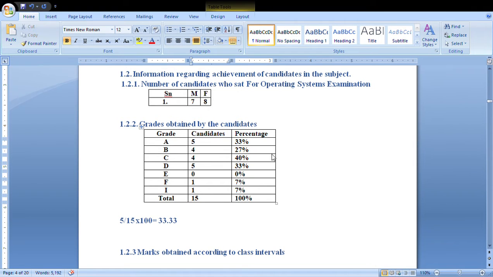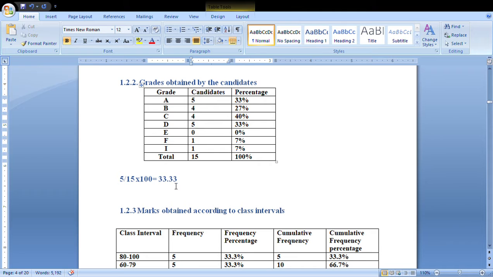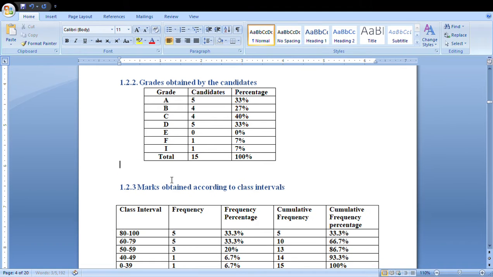Then we multiply this by 100, and we get 26.667, which is the percentage of candidates who got B. So we do the same for all the grades until we have the percentages for all the students.